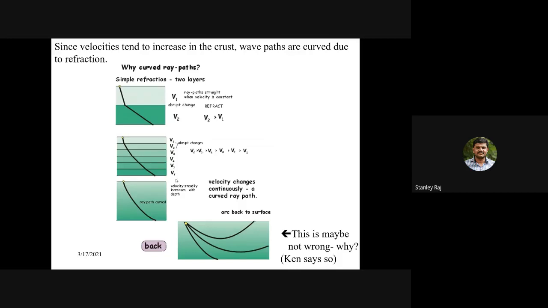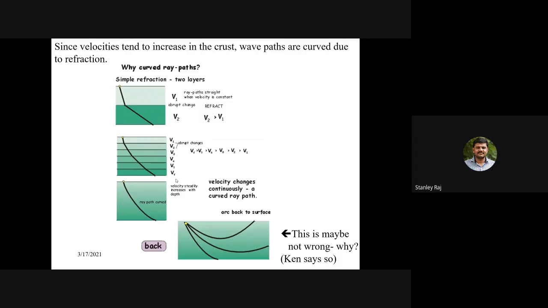So, simple refraction between two layers, V1 and V2, where V2 is greater than V1. If there are several layers, the velocity V6 will be greater than V1. So the velocity changes continuously, giving a curved wave path.